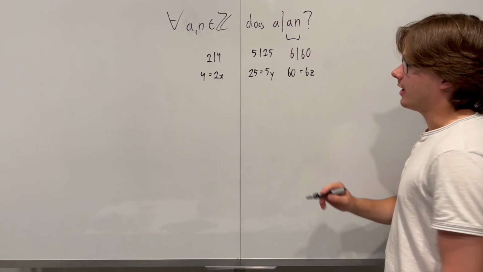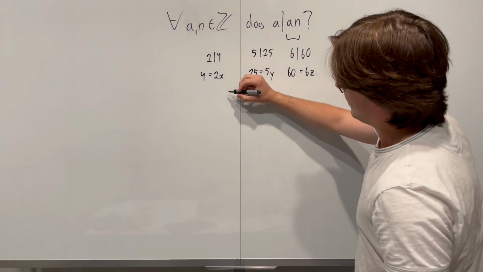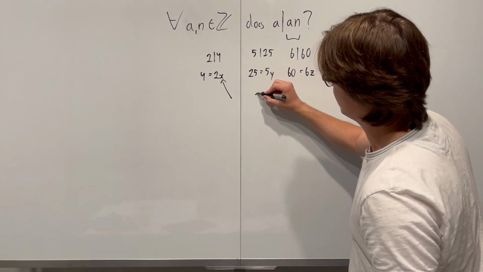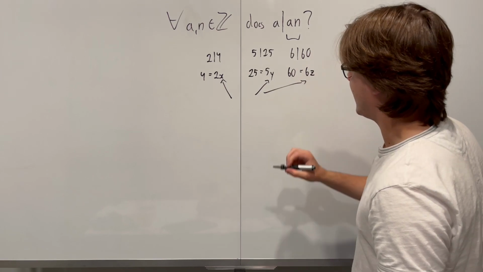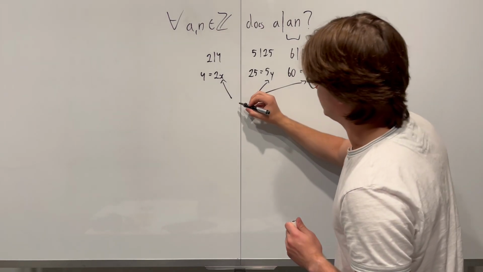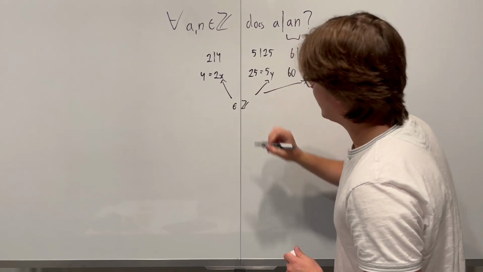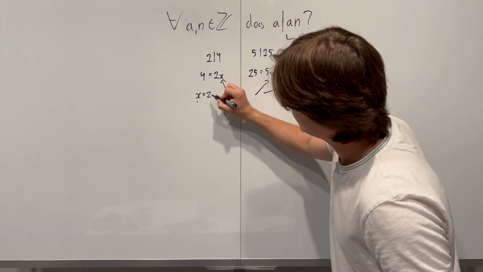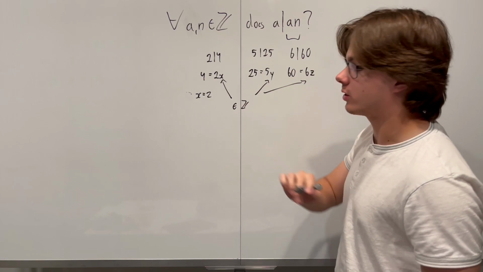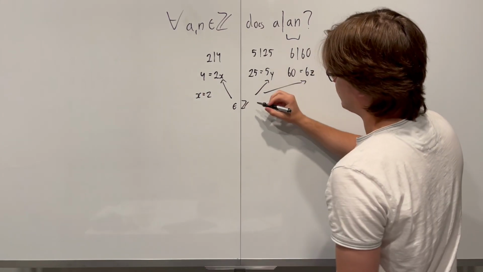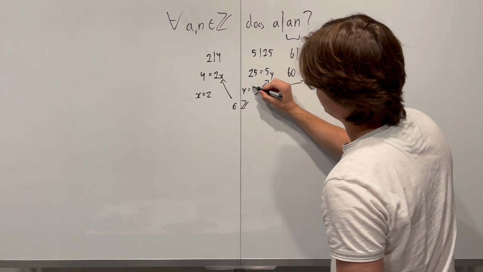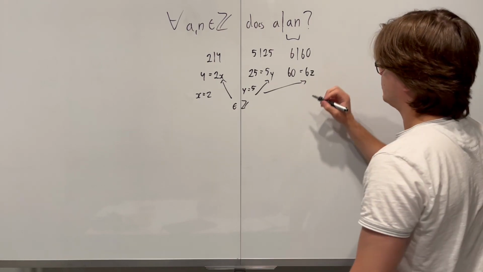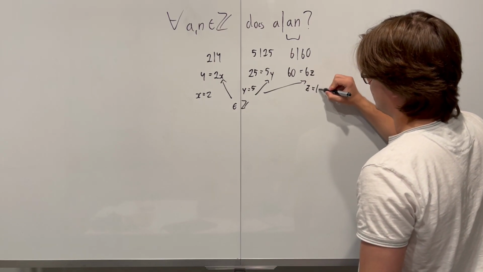Now the something that these have to be multiplied by, in this case x, y, and z, they have to be integers. So x would have to be 2, which is 100% an integer. Here, y needs to be 5, which is an integer. And here, z needs to be 10.